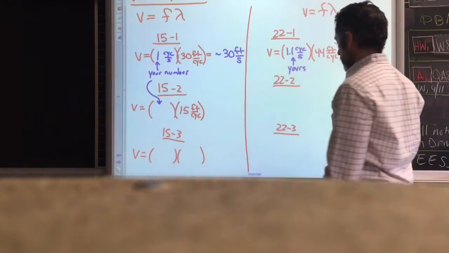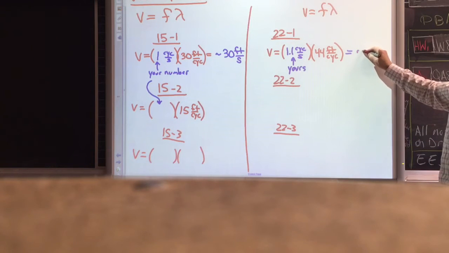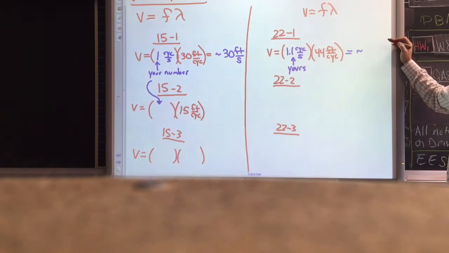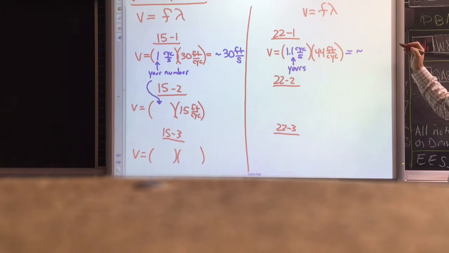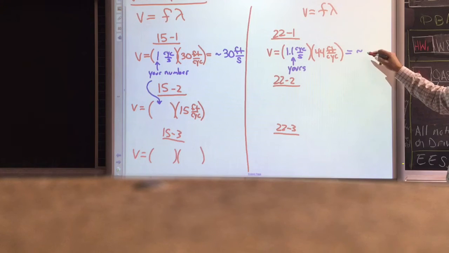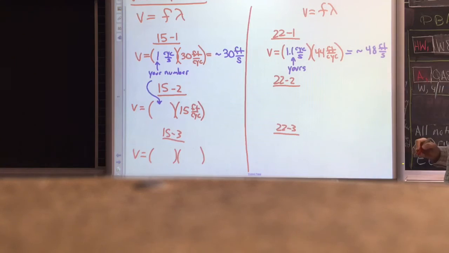And so your actual wave speed came out to somewhere around, this is going to be your number again, what are people getting? About 48? Christian, for 22.1, what did you get for your wave speed? 48.4. Alright, so somewhere around 48 feet per second.